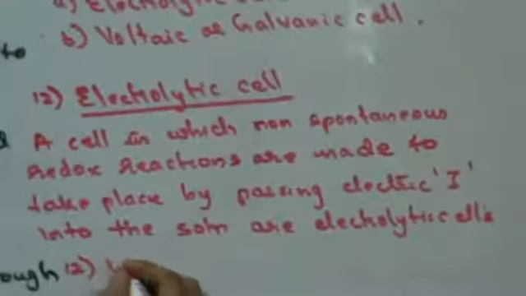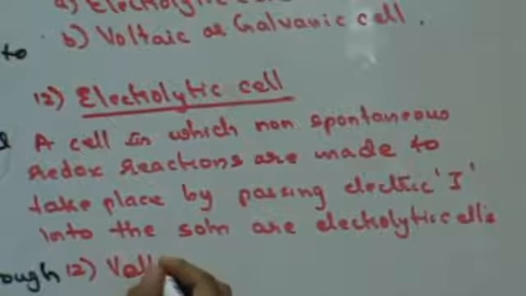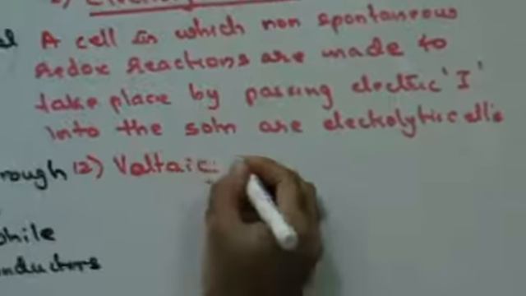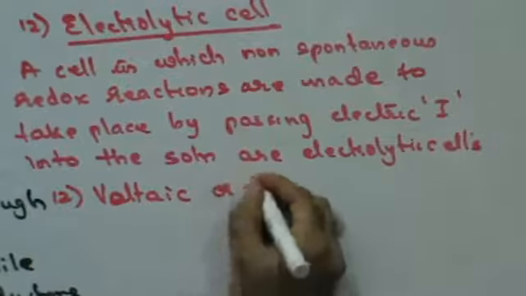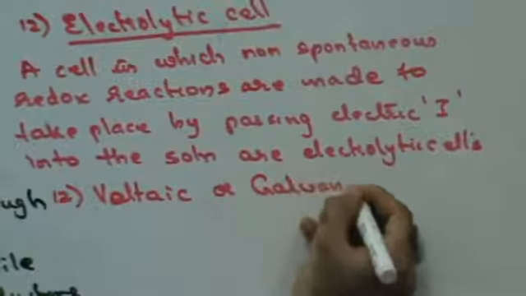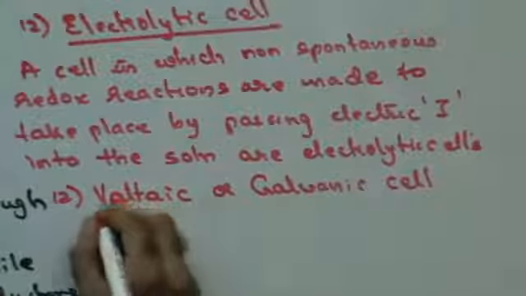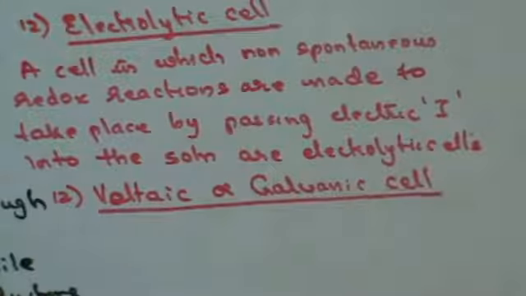Next, what are voltaic or galvanic cells? In these cells, the reaction is spontaneous.